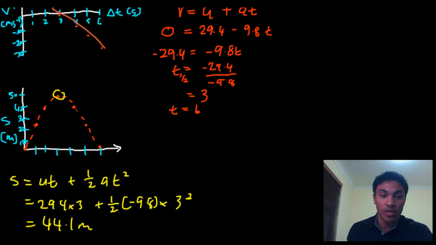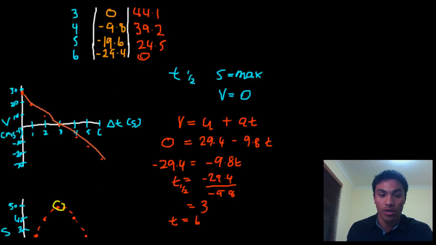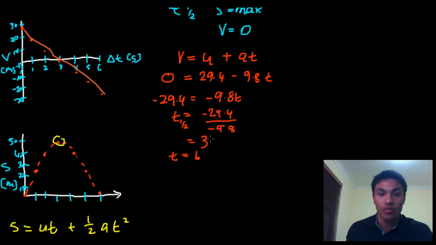So hopefully that was really helpful. You should be able to do it now in one of 3 ways. You can solve it for a table, you can solve it graphically, you can also solve it using our equations.